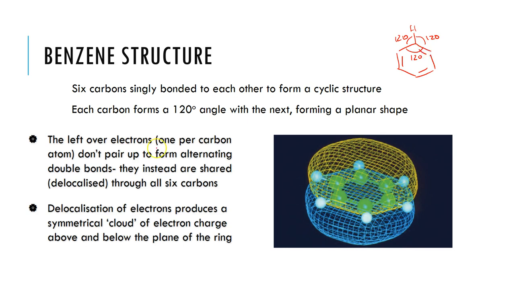So what this does is we have one leftover electron per carbon, much like what we saw in graphite, and they don't pair up. They form these alternating double bonds around the ring. Okay, this delocalization provides a symmetrical cloud where the electrons are all evenly distributed over this large ring structure.